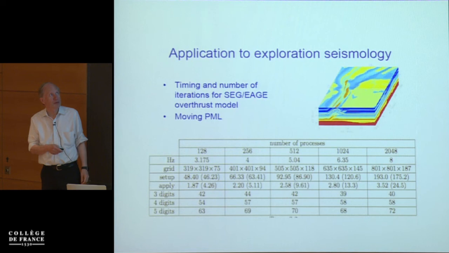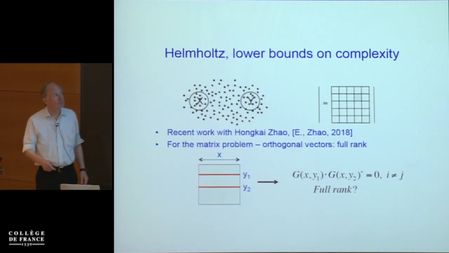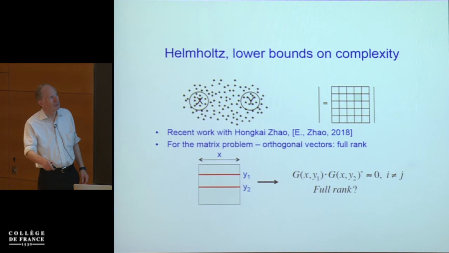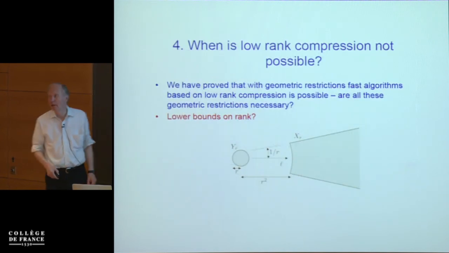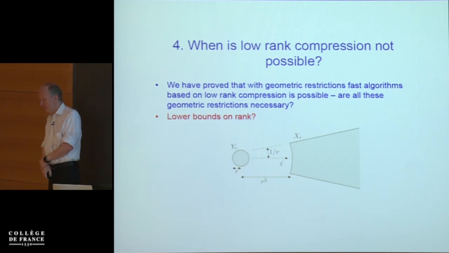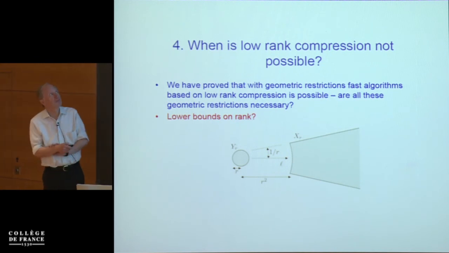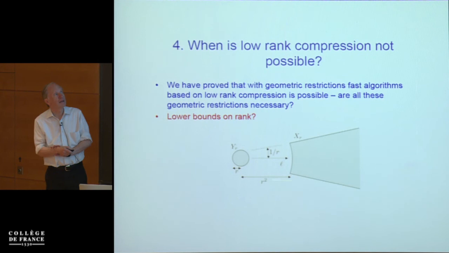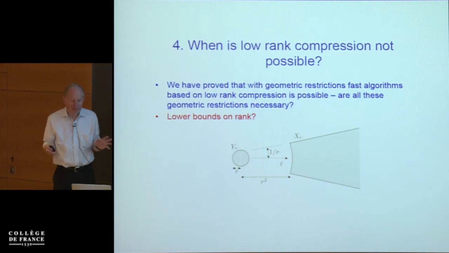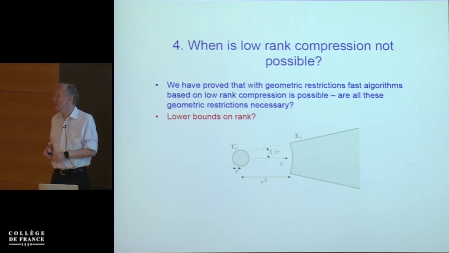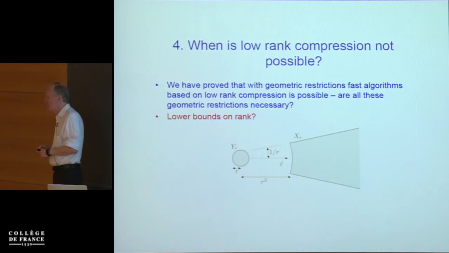So the final part here, now we did this decomposition between two domains, and we said that you can't use the way that people do it for elliptic problems, and we need to do something else.